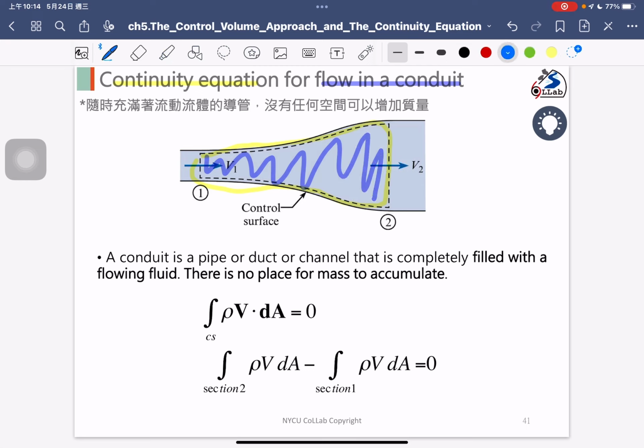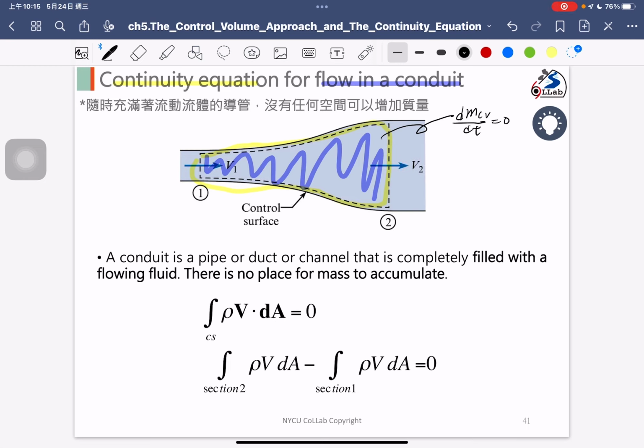But as you can see in pipe flow, the mass in the control volume doesn't change with time, because the water in the control volume always stays there, cannot dissipate and cannot disappear, and also the space is limited, so it cannot accumulate additional water inside.